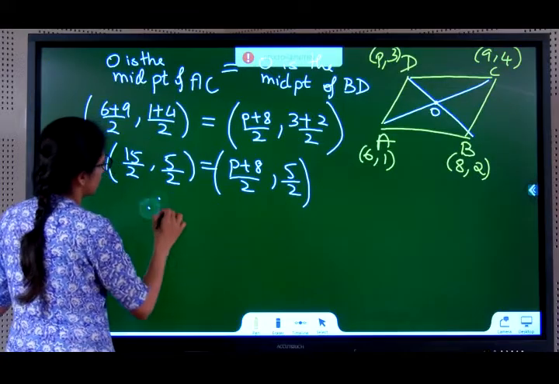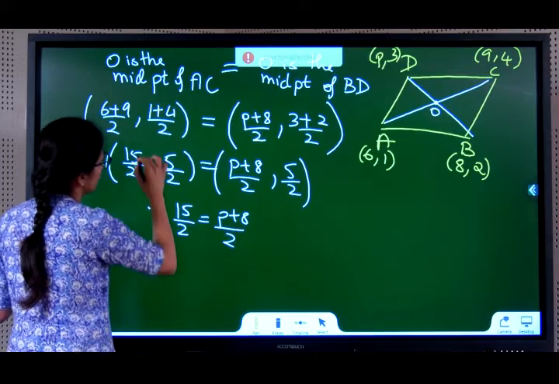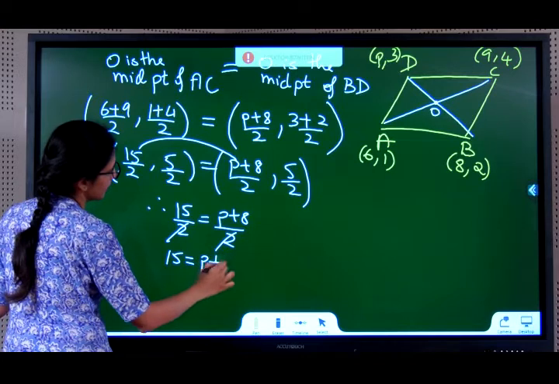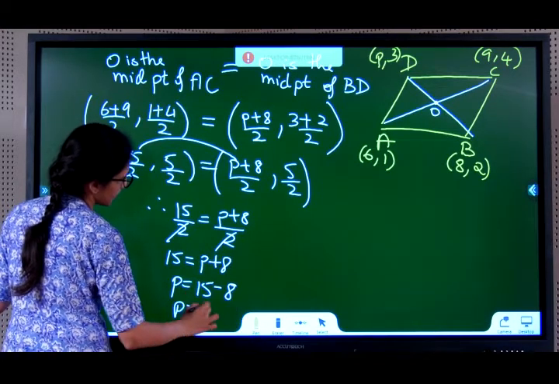Therefore, 15/2 equals (P plus 8)/2. I am equating these two. 2 cancels. 15 equals P plus 8. Send the 8 that side. P equals 15 minus 8. P is equal to 7.